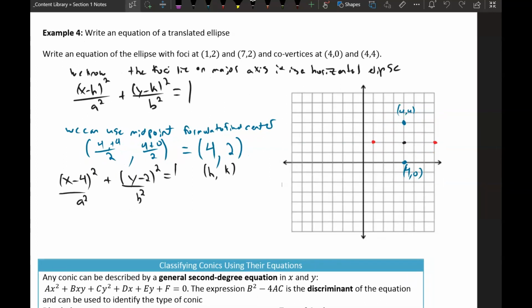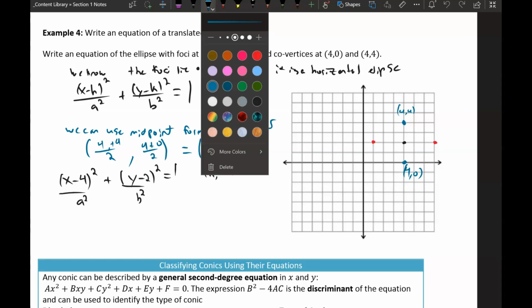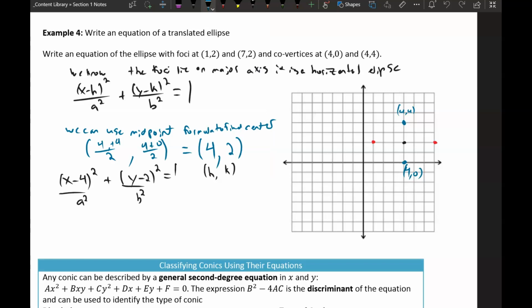We know that these A's and B's and C values always represent the distance from that center point. So what is our distance from that center point going to be? For our co-vertices, that's our B value. I guess maybe I should write this. Let's use rainbow.